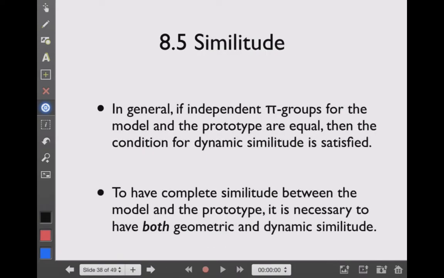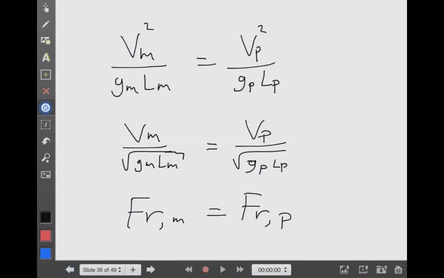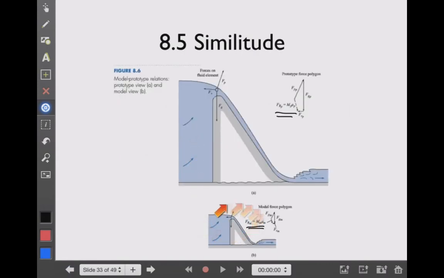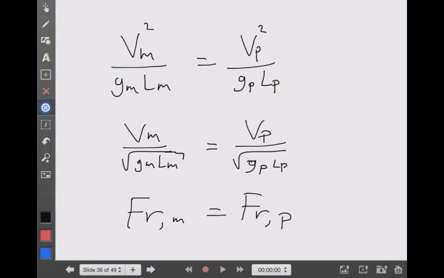So in general, if the independent pi groups for the model and the prototype are equal, then the condition for dynamic similitude is satisfied, and you will be able to build a model and simulate what's going to happen in the real world prototype situation.